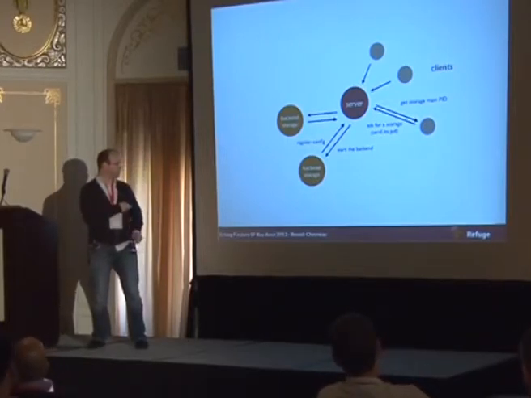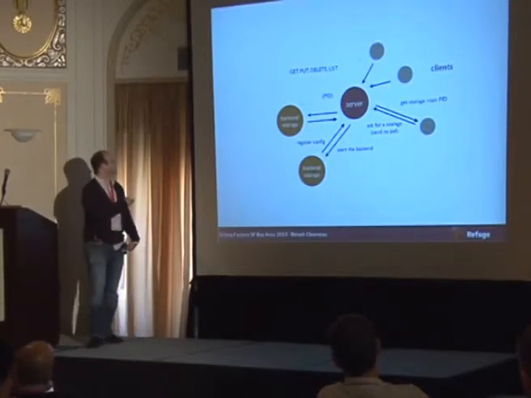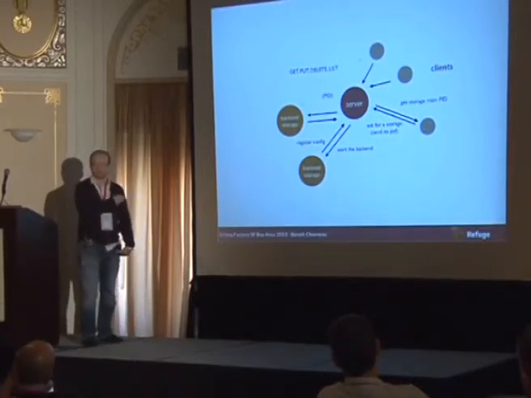The first thing it does is ask for a storage resource. The server sends back a PID, and with this PID the clients connect directly to the backend storage, and then the work is done in the backend storage.